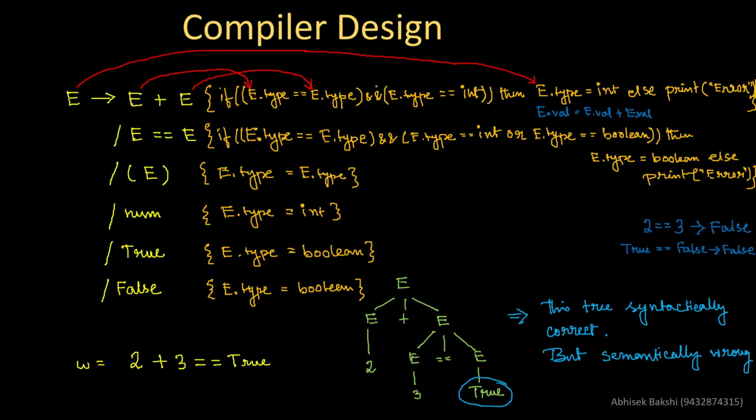Now see one thing: we are talking about all these attributes, like type is an attribute, val is an attribute. If you closely watch the different types of attributes with respect to writing rules, we can differentiate attributes into two parts.